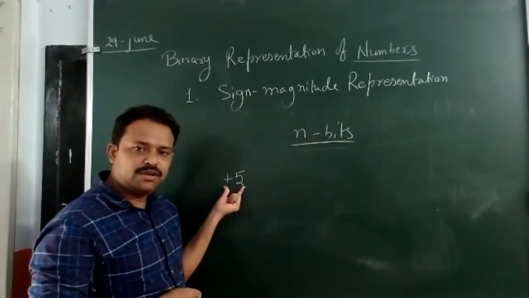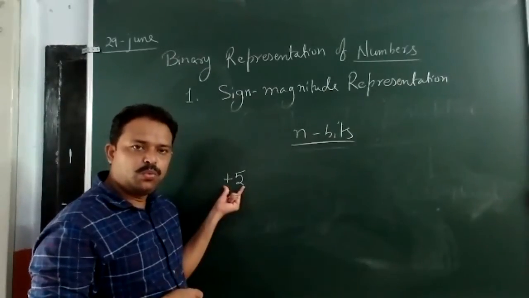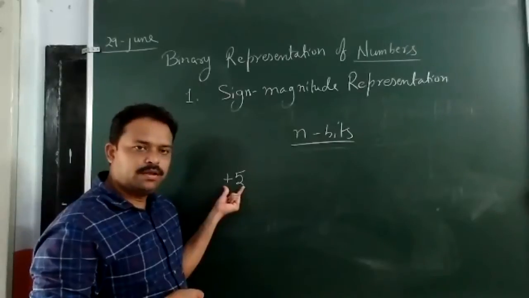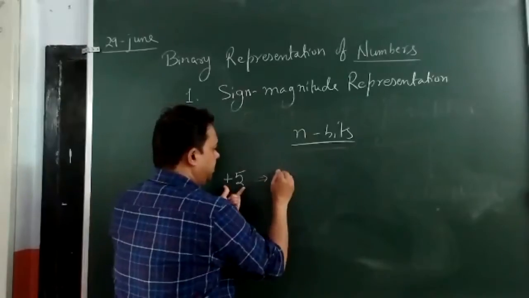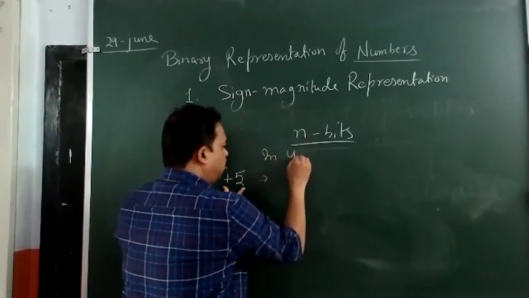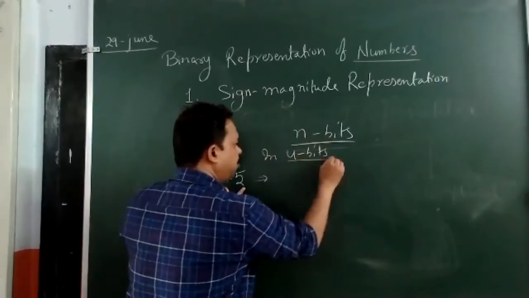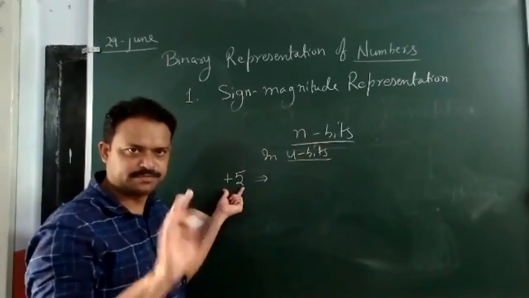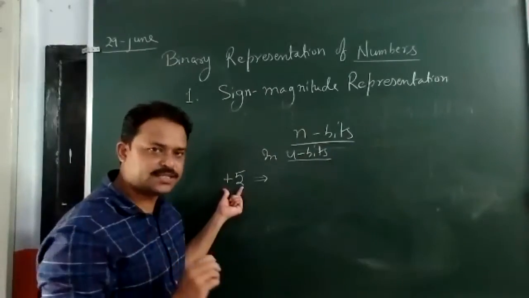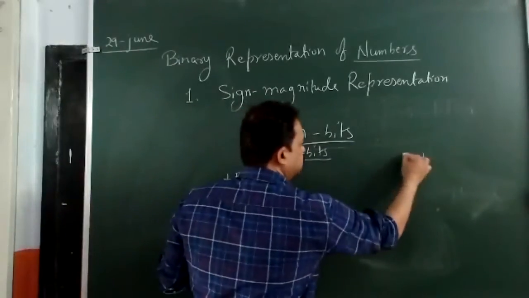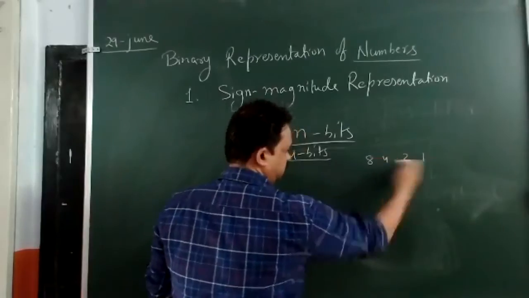Plus 5, if you are representing it in 4 bits, what is the binary value of 5 in 4 bits? 1, 2, 4, 8.